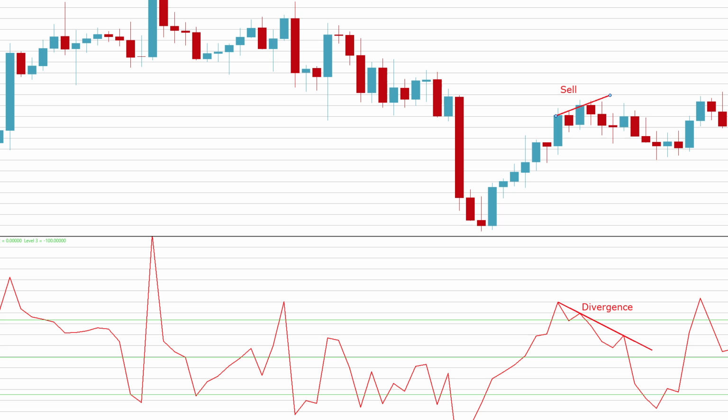The third and final entry we'll discuss for the CCI will be based off of a divergence between the CCI indicator and your chart. The divergences that we'll be looking for will be higher highs forming on the chart, and we'll be looking for lower highs forming on the CCI.